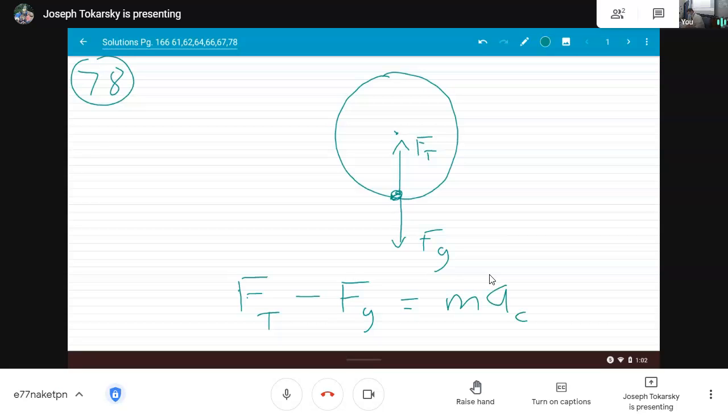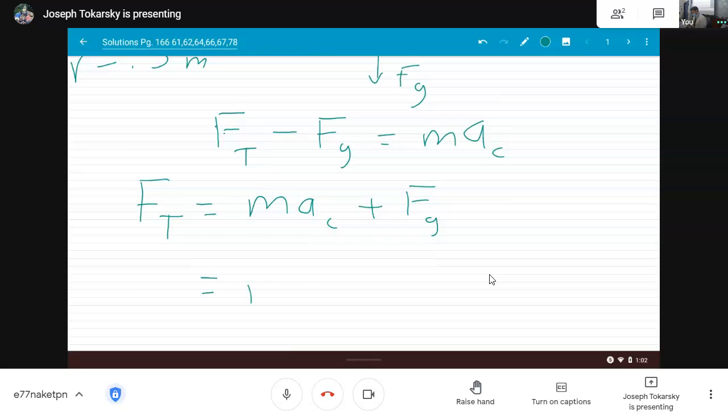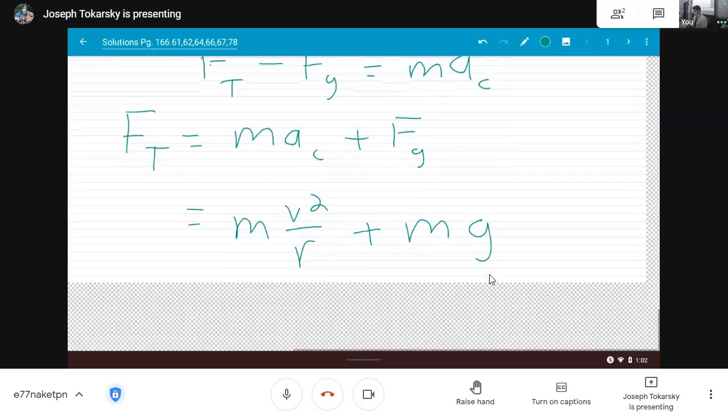Our givens are the mass of the ball, 1.13 kilograms, the speed that it's traveling, 2.4 meters per second, and the radius is 0.5 meters. All the units are good. We now need to just solve for tension. We solve for tension by adding over the weight and then doing some sub-equations. Again, v squared over r for centripetal acceleration and m times little g for weight.